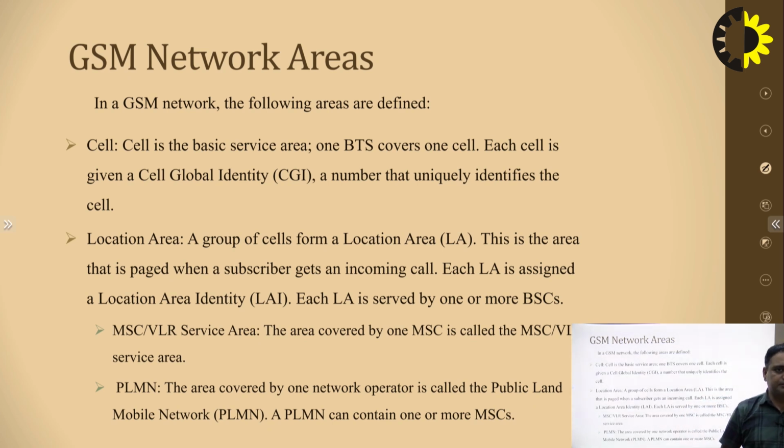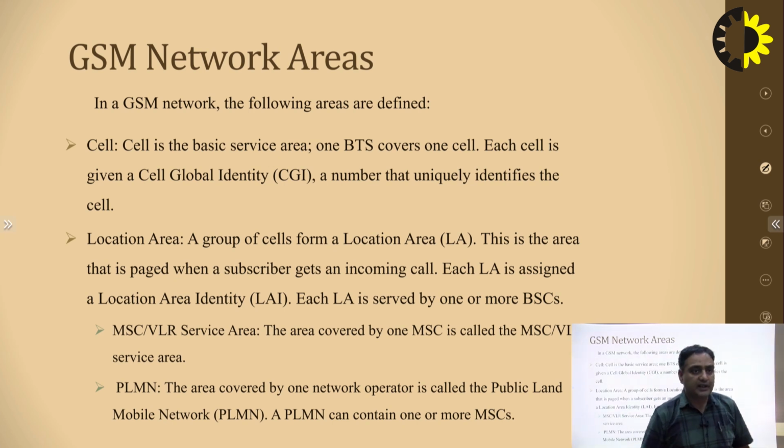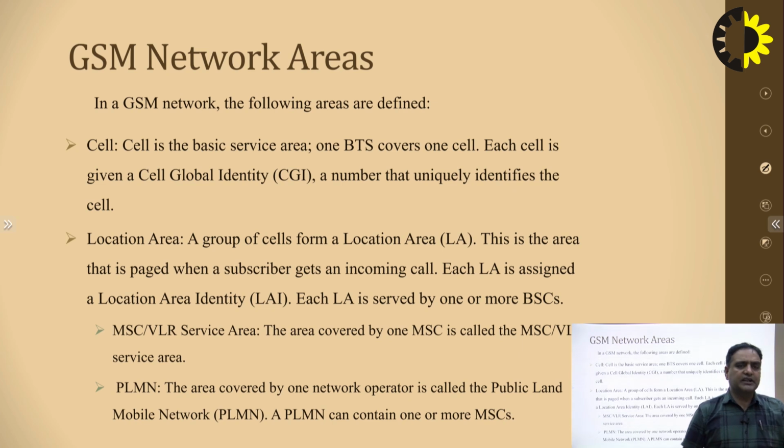BTS means base transceiver station. One BTS has 2 or 3 antennas, GSM antennas or WCDMA antennas, and these antennas face towards the clutter. Clutter means the population area. The signal captured by the GSM antenna is transferred to the TRX, a hardware device, via the feeder cable.